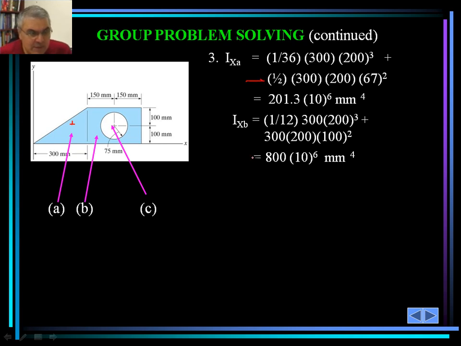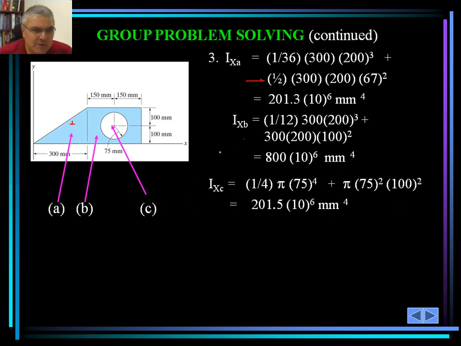And we would use that one. So I sub xb, the same thing. Well, similar procedure, but not the same. I sub xc, it's for that circle, so we need to also find that out. So what we did here was really, we would like to find the centroid of the object first, and then we could determine the moment of inertia.